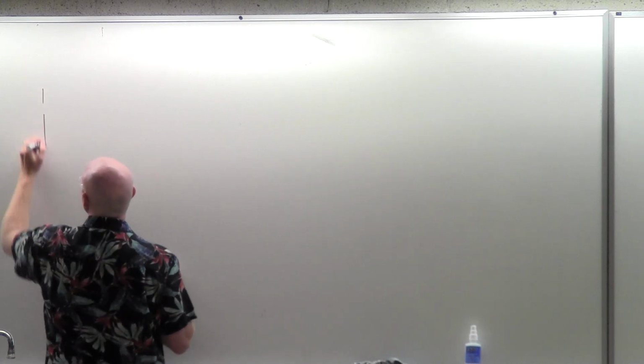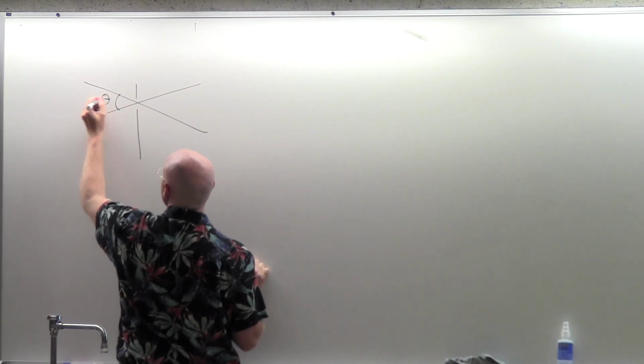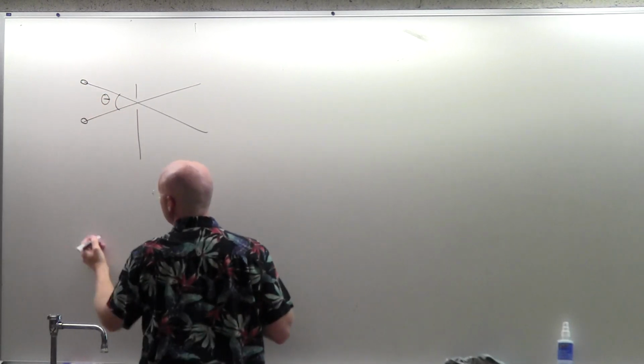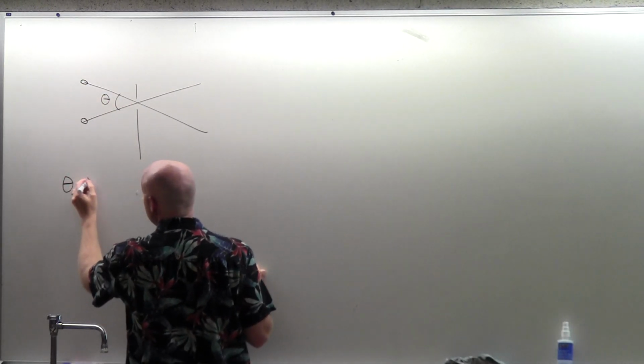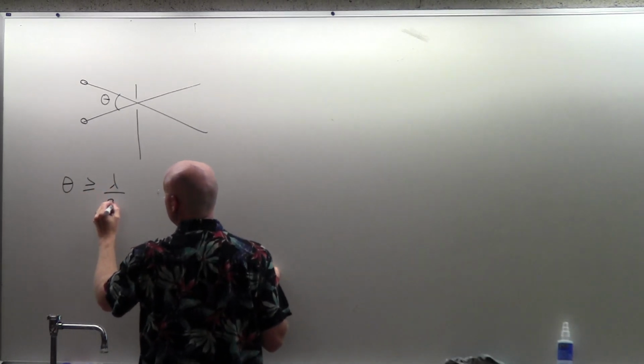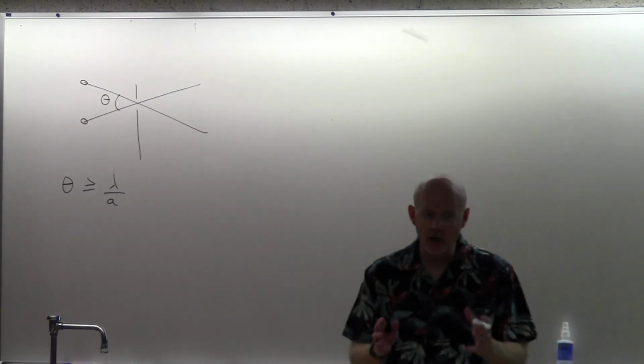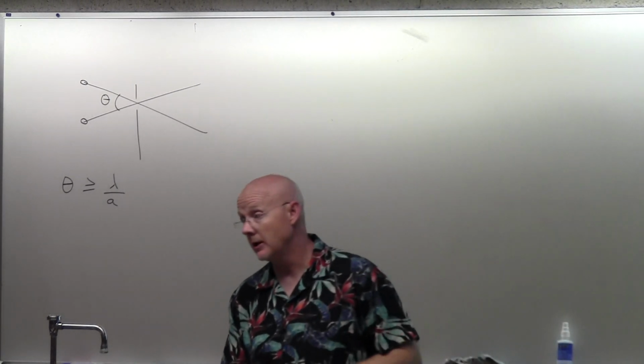And so this is what we call the limiting condition, theta. If you're going to resolve these two, theta needs to be either greater than or equal to lambda over A. If that angle's smaller, you're not going to be able to pick up two objects.